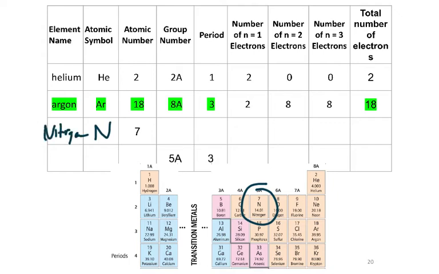And element number 7, nitrogen, is in group 5A, period 2. And so it has 2 electrons in the n equals 1 energy level, and 5 electrons in the n equals 2 energy level, but 0 beyond, for a total of 7.